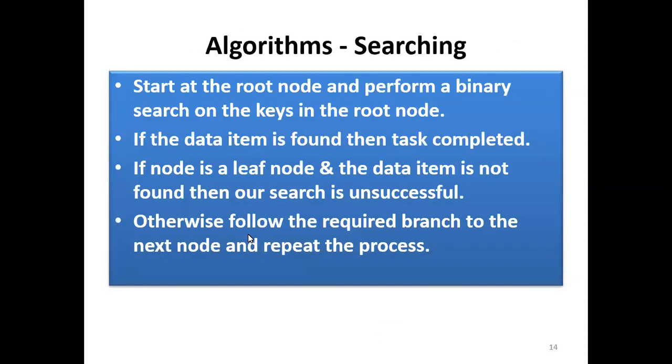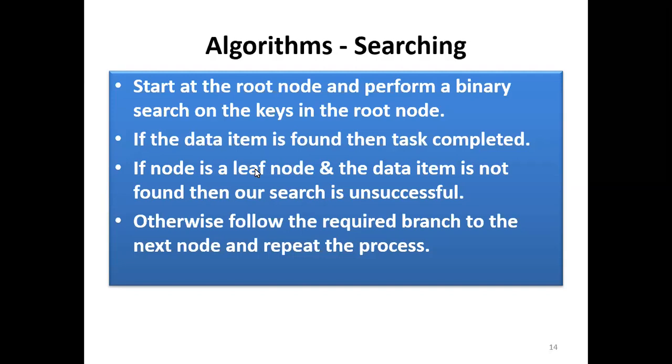Then let's start performing some operations under B tree. The first operation we're going to perform is the searching operation. For the searching operation, we start at the root node and perform a binary search on the key that we want to search for. The first condition is if the data item is found at the root, then our search is complete. But if the data item is not found at the root, then we have to continue our search.